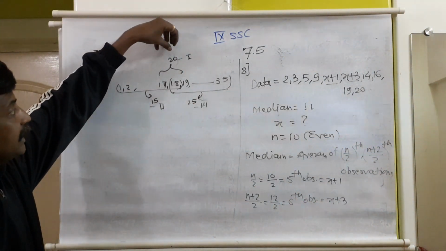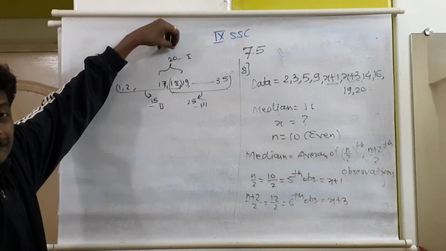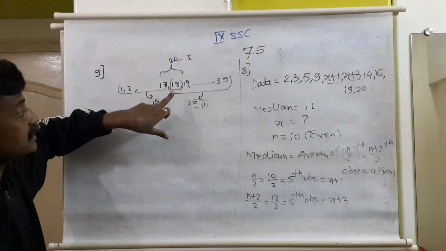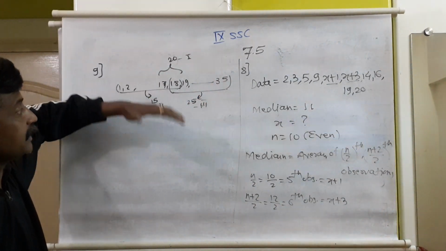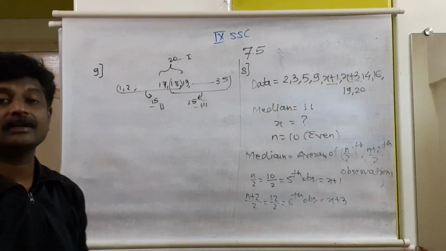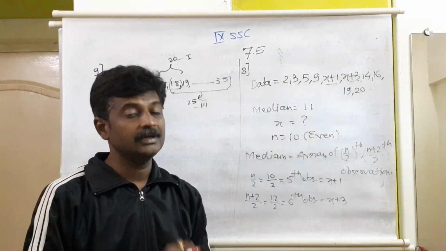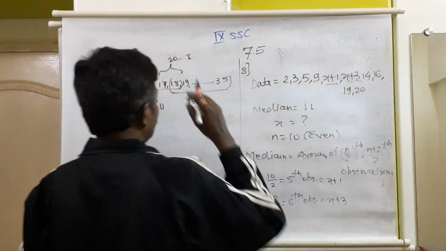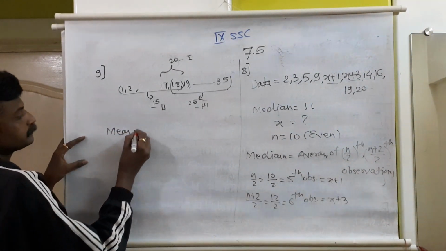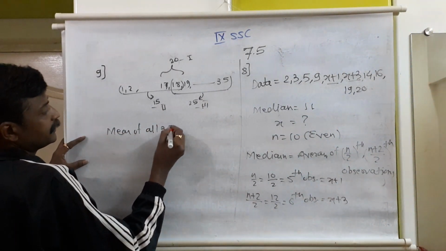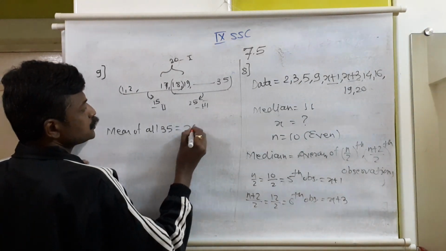Will that sum and this sum be the same? No, this observation is counted double in this as well as in this. So if we take the difference between these two sums, automatically we will get the observation which is at position 18. So as per the given information number 1, the mean of all 35 observations is equal to 20.